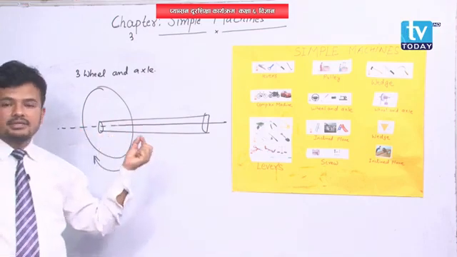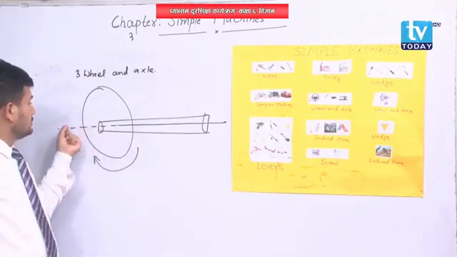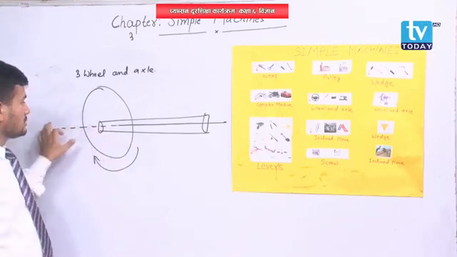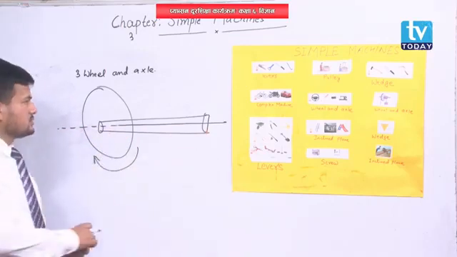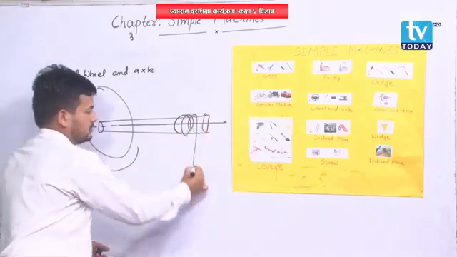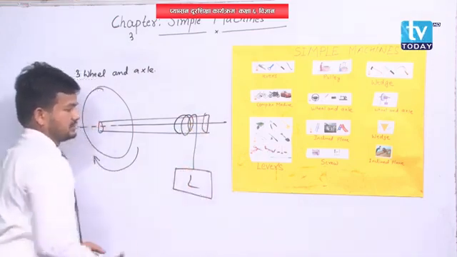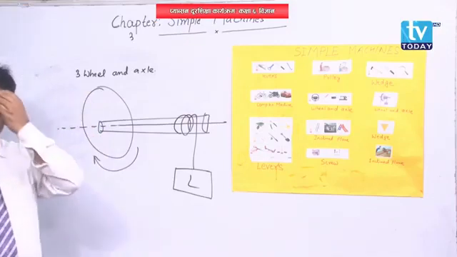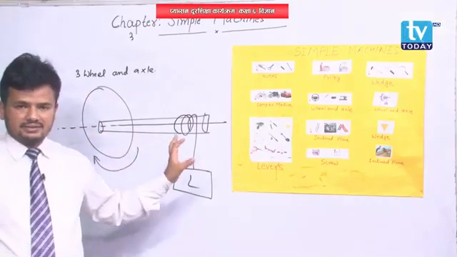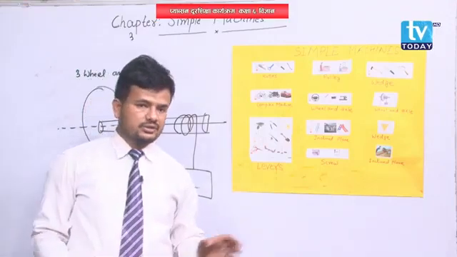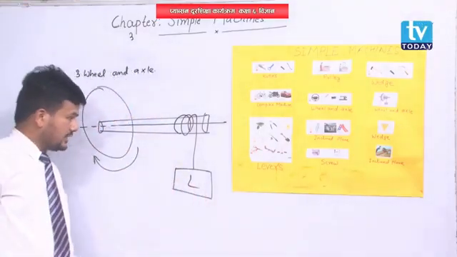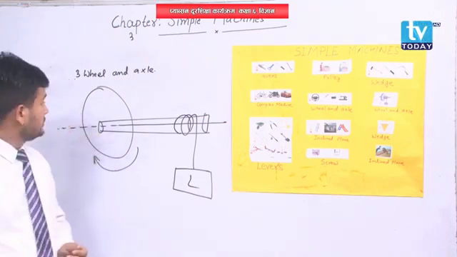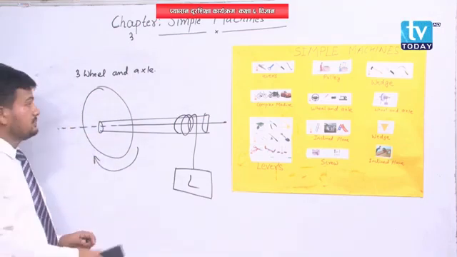It is a simple machine having two coaxial cylinders which can rotate about a fixed line. Okay, so you can keep your load here, and you can rotate the wheel. So this is wheel and axle. Are you clear about this? Okay. So let me go to the examples. Examples I already told you. We will go to the fourth simple machine.